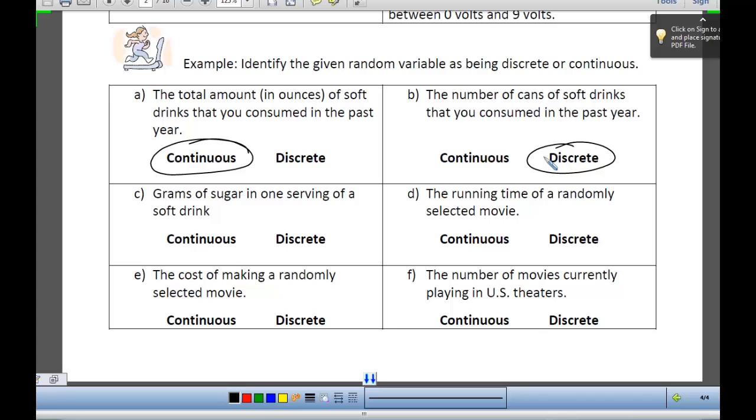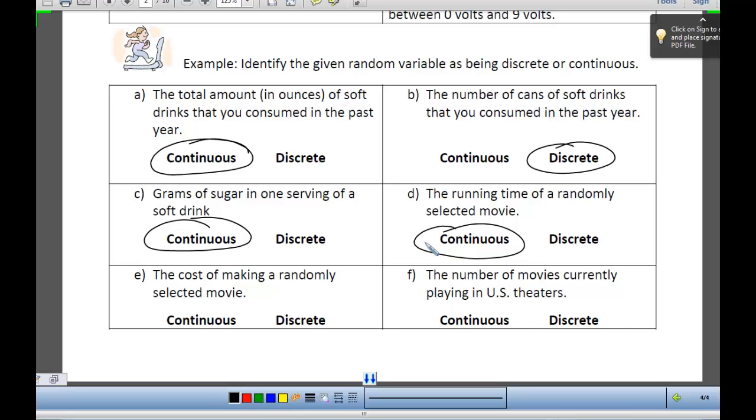Grams of sugar in 1 serving of a soft drink. Continuous. That's weight. The running time of a randomly selected movie. I would say continuous, depending on, if your measuring instrument is sensitive enough, it doesn't have to be one whole minute. It could be some fraction of a minute.